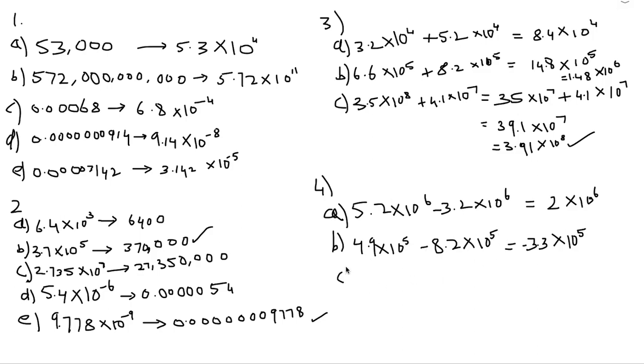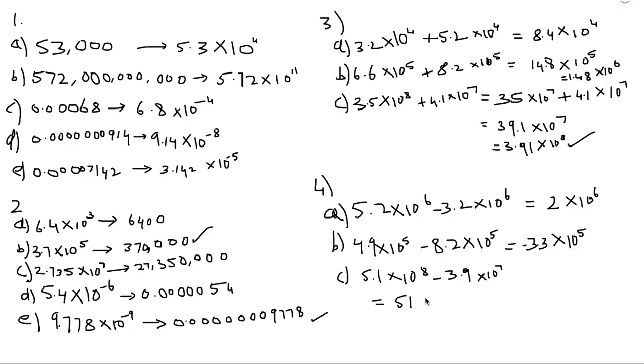Now the next question, 5.1 times 10 to the power 8 minus 3.9 times 10 to the power 7, and that will give us 51 minus 3.9.